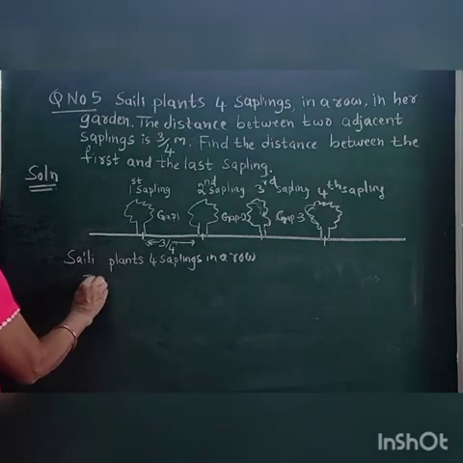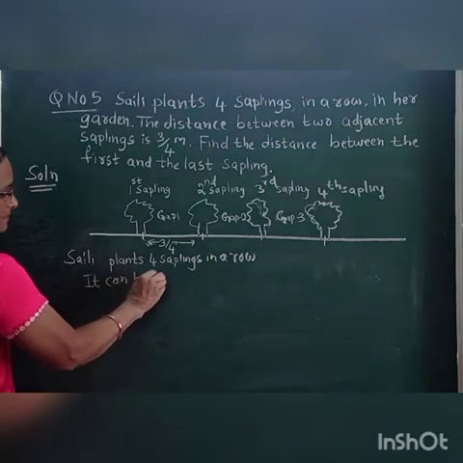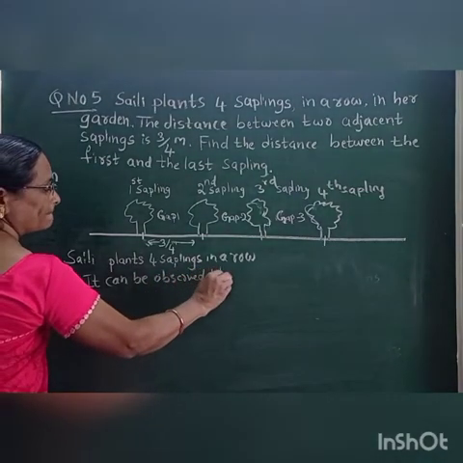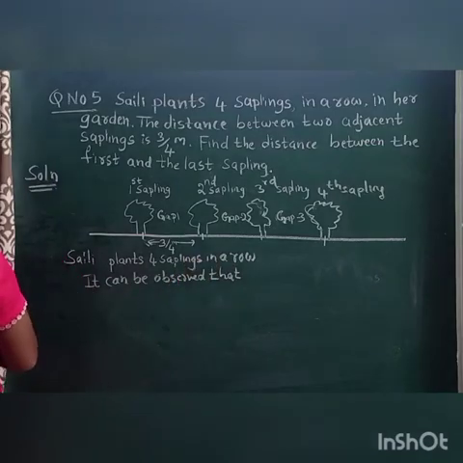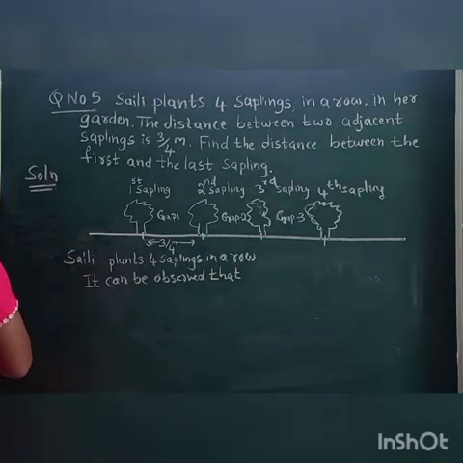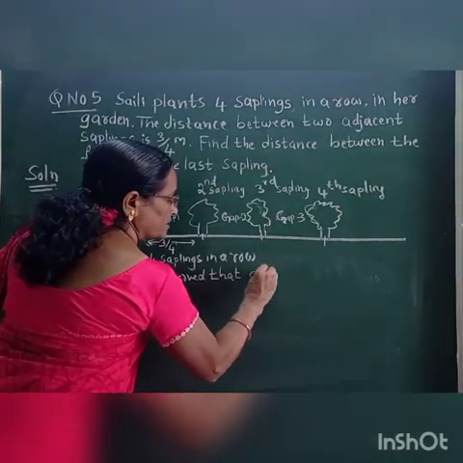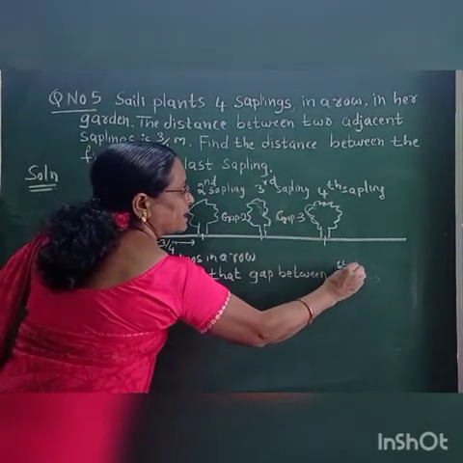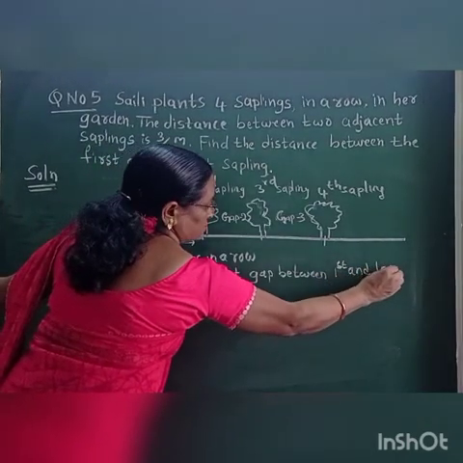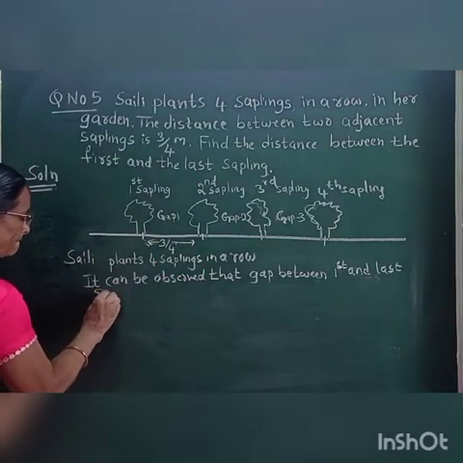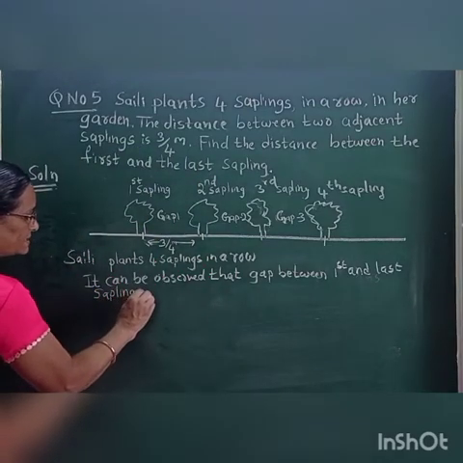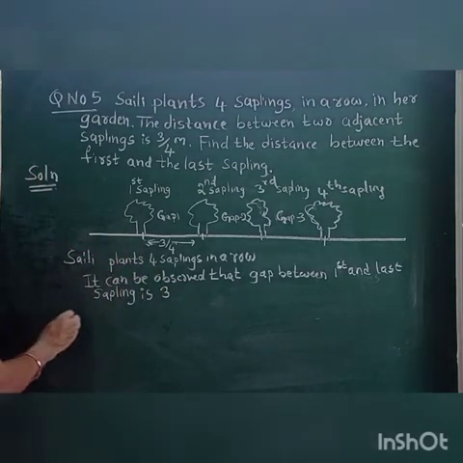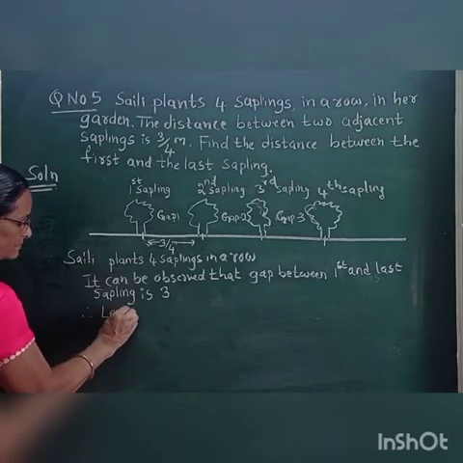It can be observed that the gap between first and last sapling is 3 gaps, is it not?